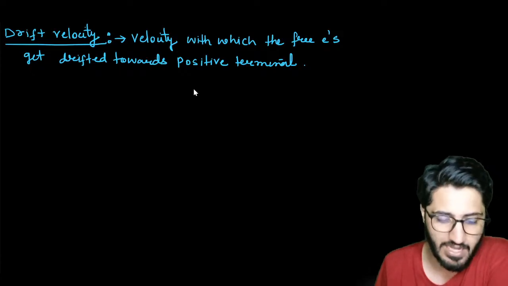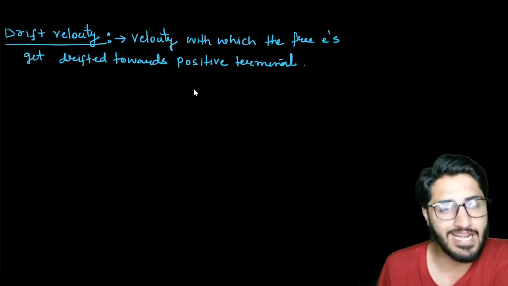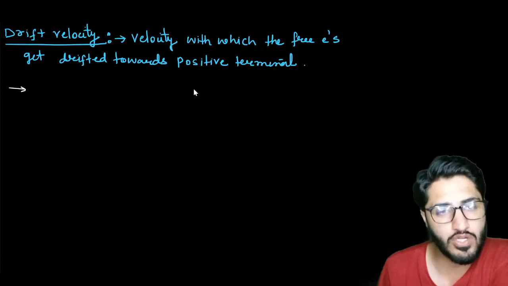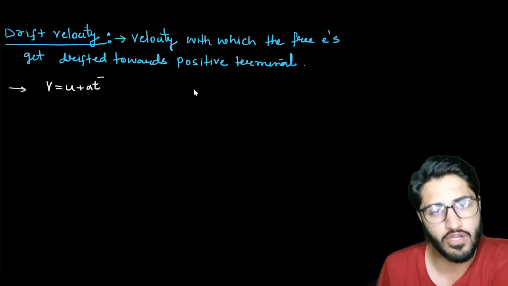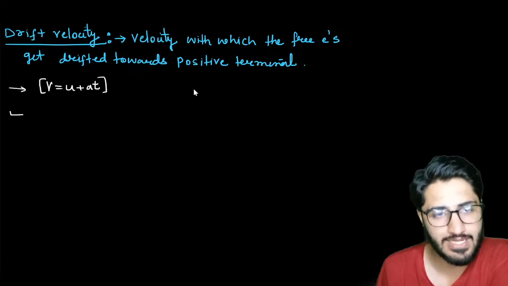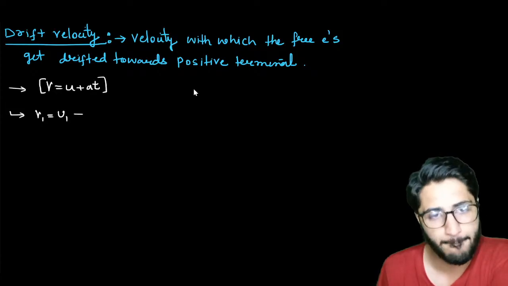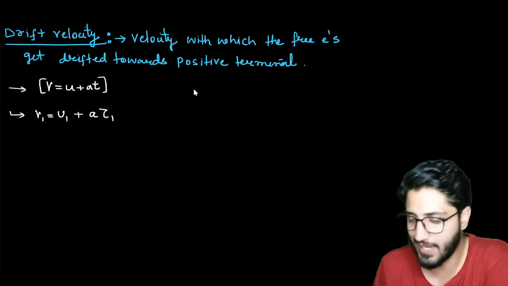Now, if I need to write the equation for one, we know that v equals u plus at. We know this from kinematics. For the first electron, can I write v1 equals u1 plus a, where a is constant for everyone, times tau 1? Can I write like this?